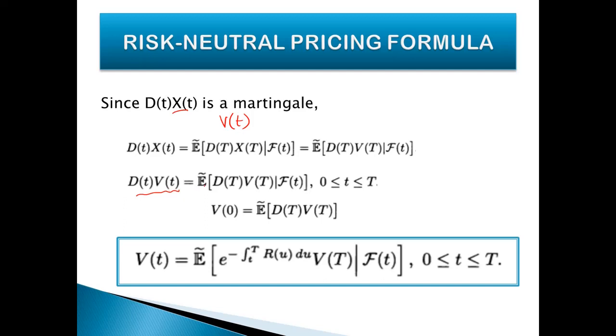With expiry time capital T, DtVt is E tilde of DT VT given Ft. Or if you write D0V0, that means V0 here. D0 is 1, so we have V0 is E tilde of DT VT. This is the same formula we used in the binomial model; this is just the continuous case.